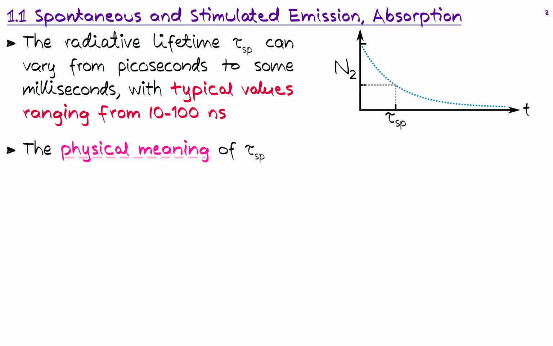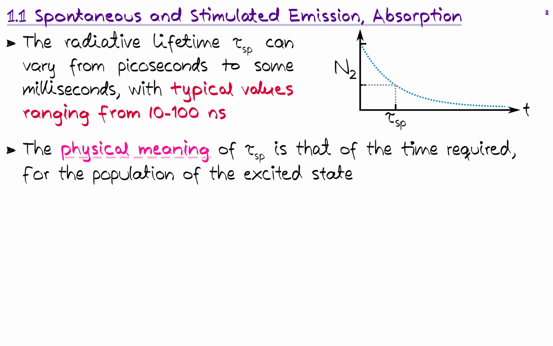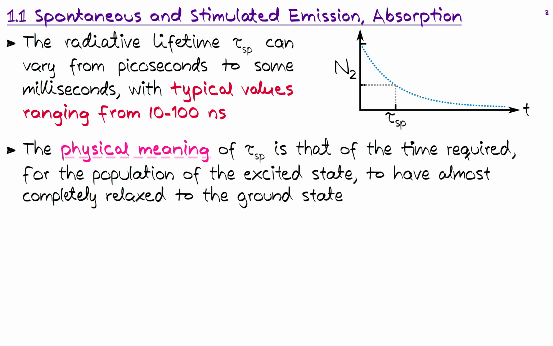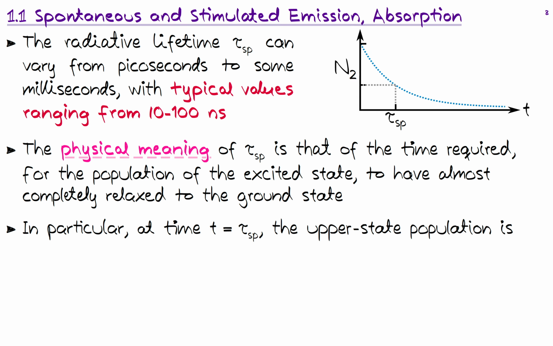The physical meaning of this tau sp parameter, the radiative lifetime parameter, is basically the time required for the population of the excited state to have almost completely relaxed to the ground state. If you really want to quantify this statement, we look at the time t equals tau sp, we plug the value into the governing equation, and we get this kind of equality.